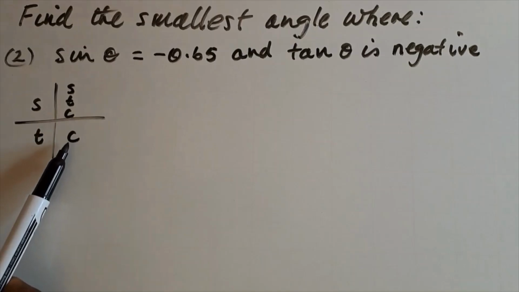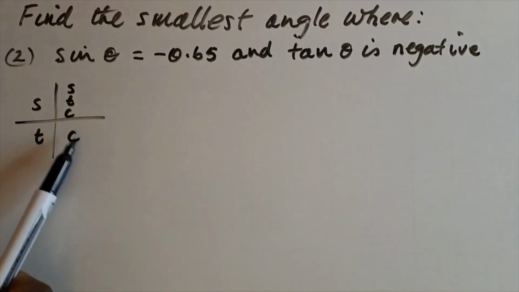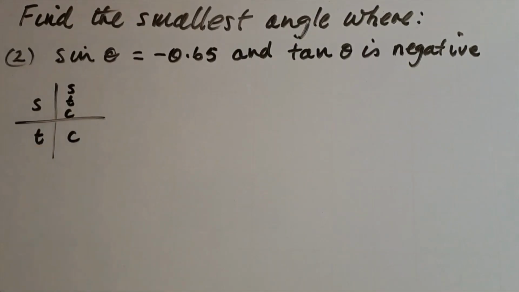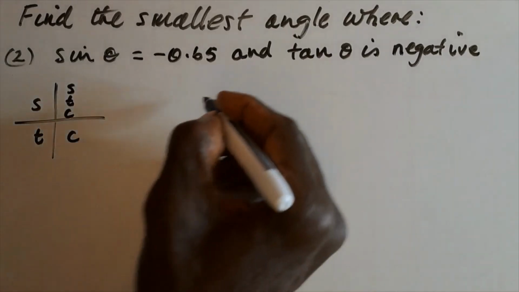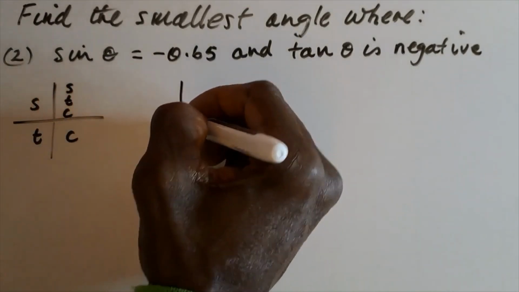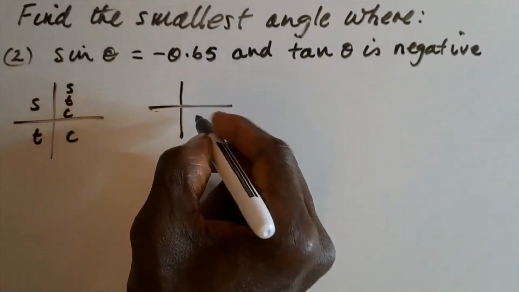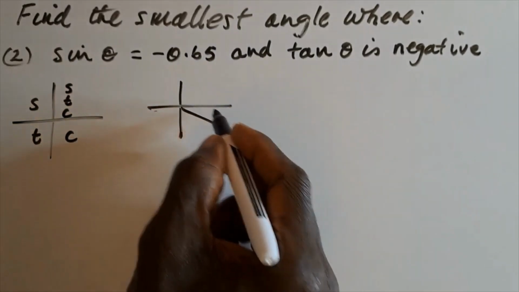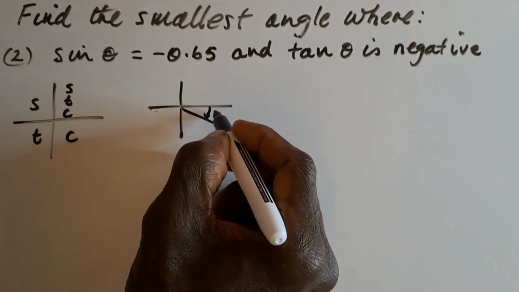So the only possible quadrant is the fourth quadrant here, where cosine is positive, and tan and sine are negative.